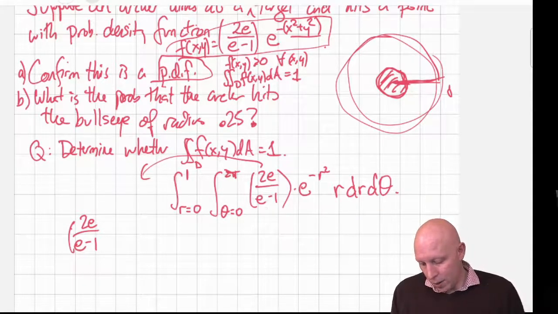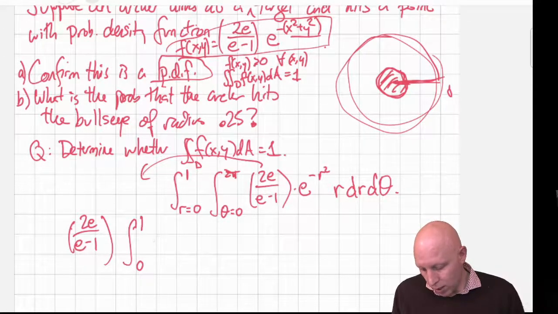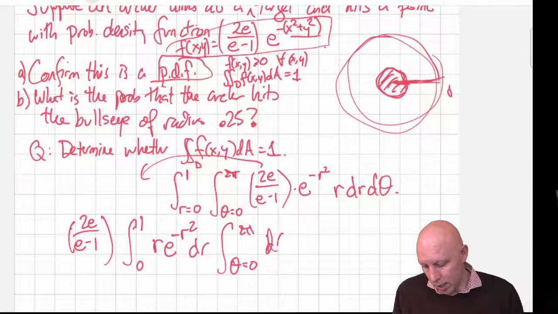So we've got this 2e over e minus 1 times the integral from 0 to 1 of r e to the minus r squared, times the integral from theta equals 0 to 2 pi of 1. So this has the dr in it, this has the d theta.